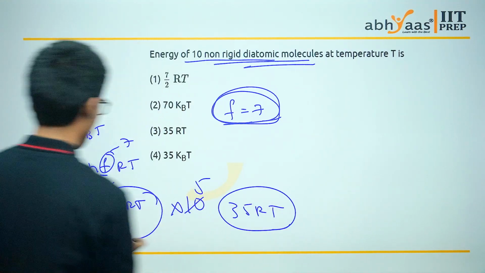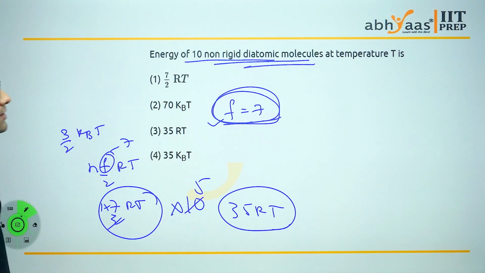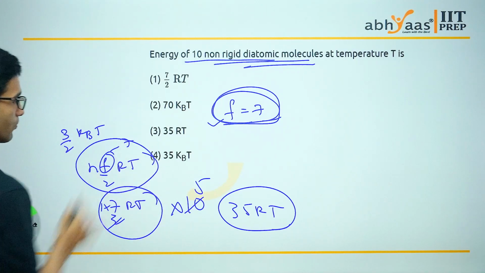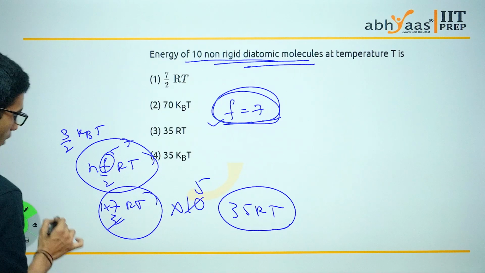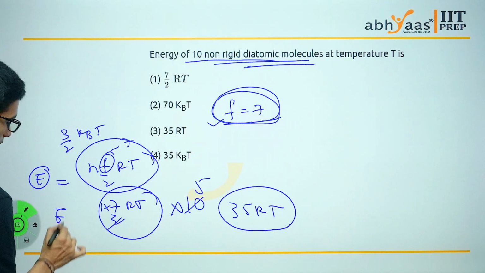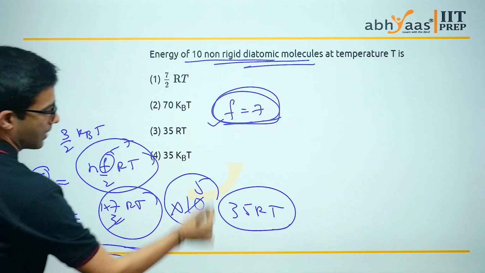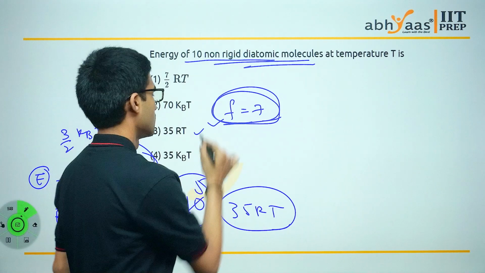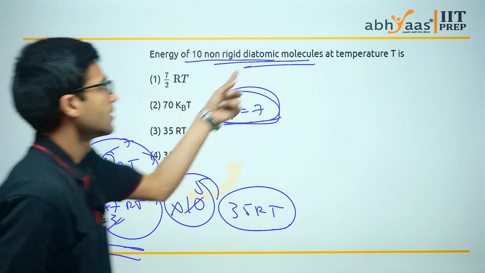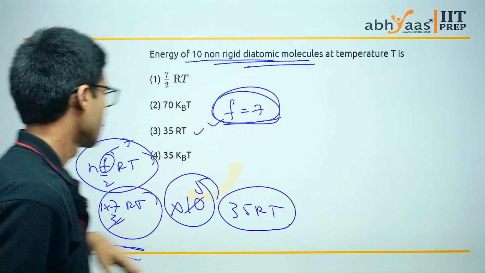Directly, for one molecule, n into f by 2 into RT, but for 10 molecules you have to multiply with 10. Then 35 RT you will get. This is the answer. You just initially need to calculate degrees of freedom for this non-rigid molecule, you will get f equal to 7.